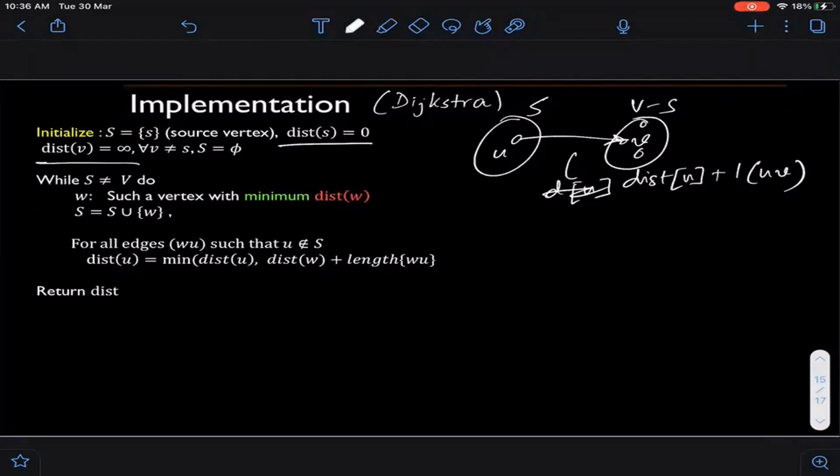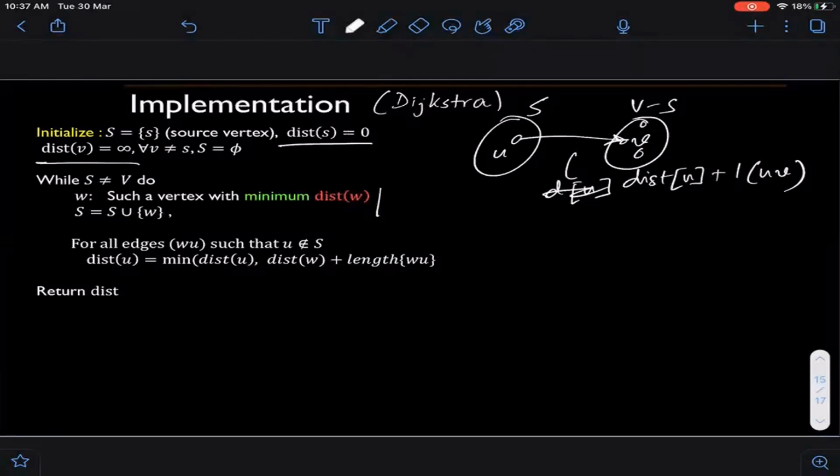At every iteration, all we do is simply extract the vertex that has the minimum possible label. Out of all the vertices that are currently present in the set V minus S, I select the one which has the minimum possible label and add that to my set S. But now I have to do some modifications, because as soon as I pick a vertex from V minus S and include it in S, potentially a lot of new edges are getting exposed to me.